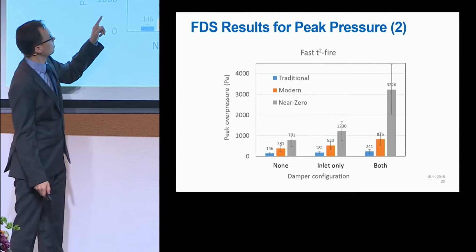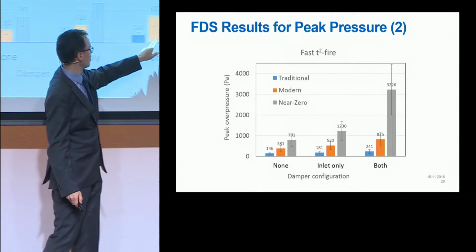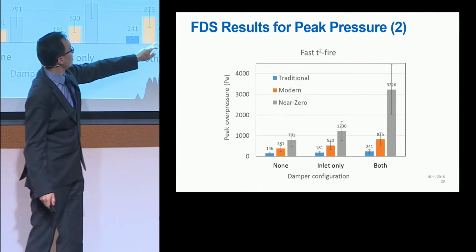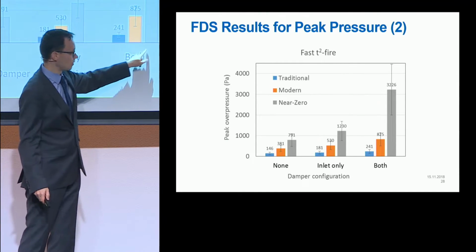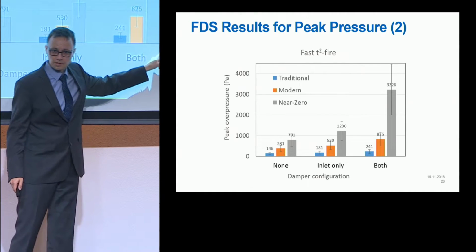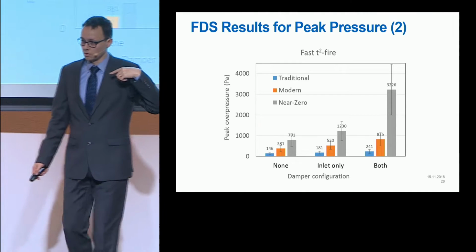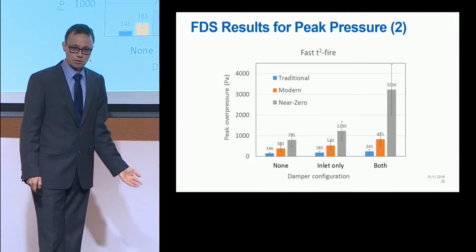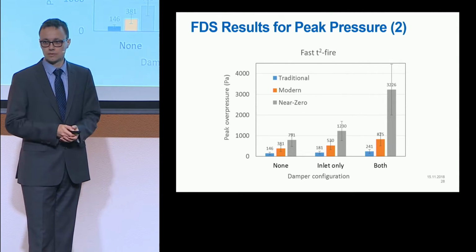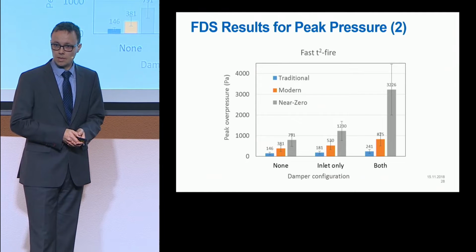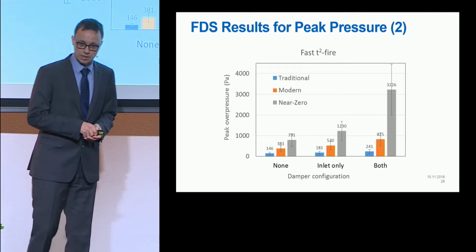There's a huge difference between the 3 building types: traditional, modern, or near zero. Near zero level would give more than 3,000 Pascal if we have both ventilation ducts closed. Clearly, we could expect structural damages. If that's an outer wall, okay, it would be quite dramatic, but it doesn't necessarily cause immediate danger for the neighbors.